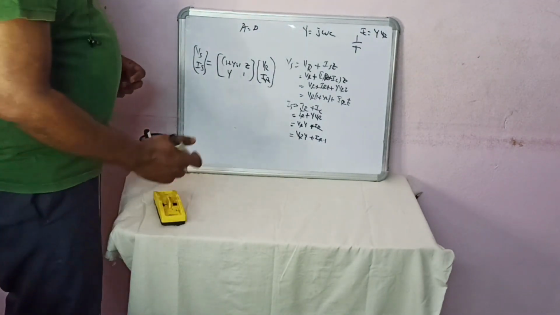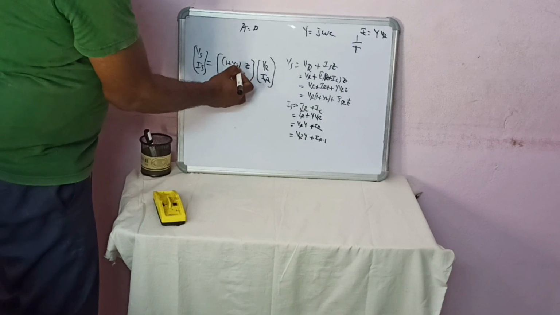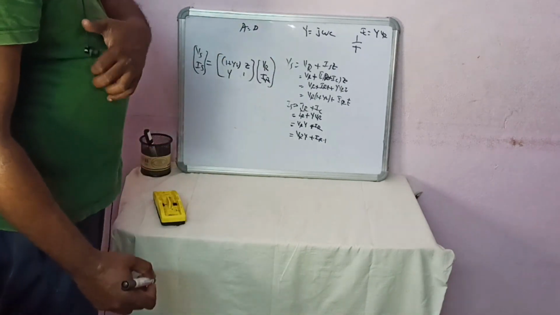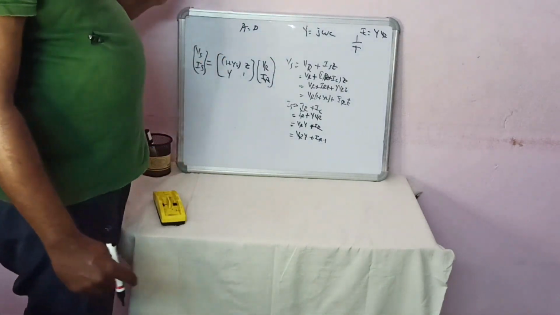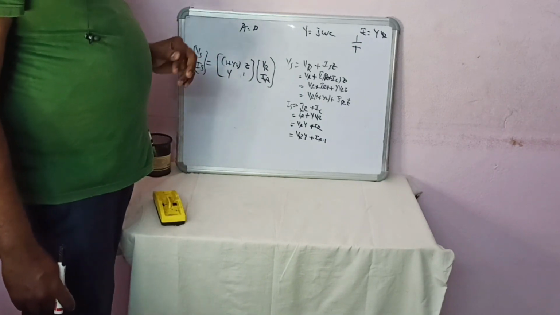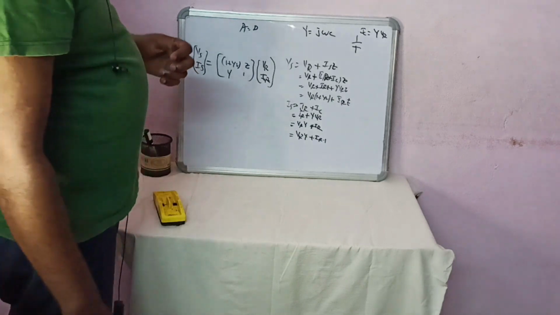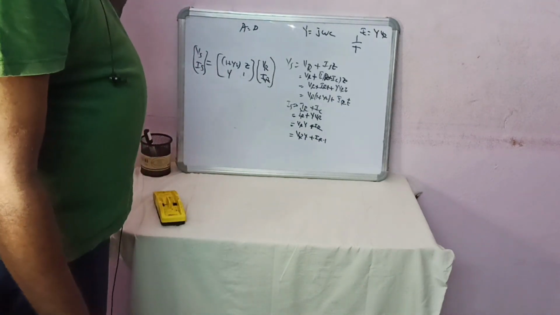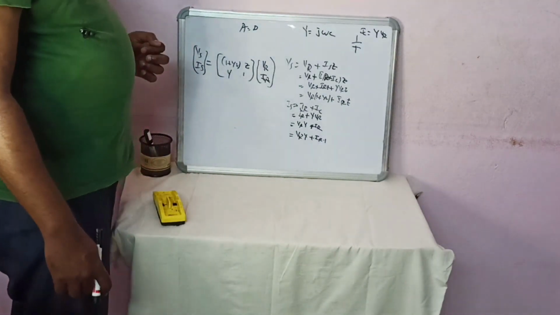And if I want to say something about the reciprocal, what exactly is reciprocal? If the sending end and receiving end are interchanged, the ratio of the voltage source to the response should remain constant.